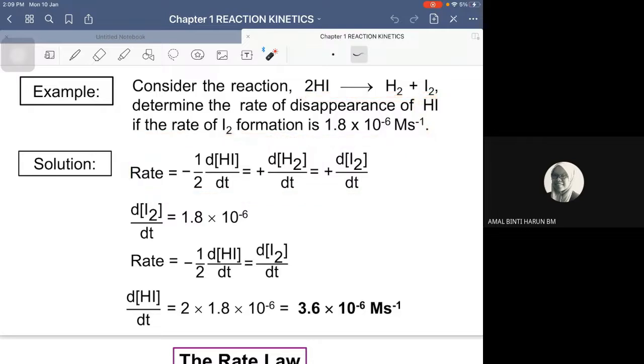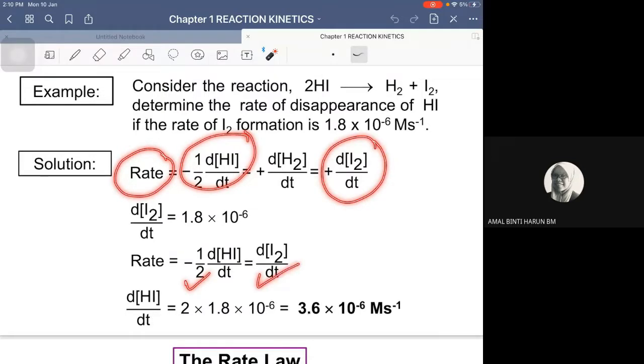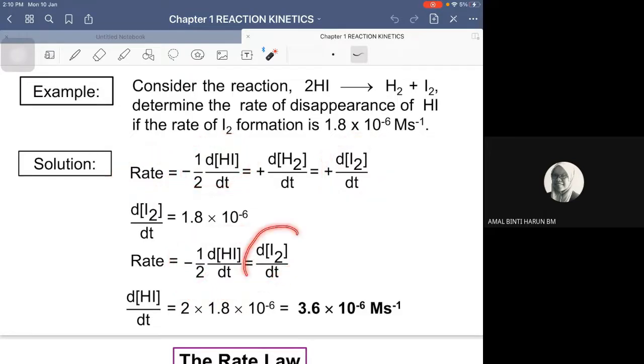Okay, kemudian lihat apa yang diberi given the rate for the formation of iodine. So apa hubungan iodine yang diberi dengan yang kita nak cari ni? So it is the rate equal to negative this one equal to this one. Okay, equal to the decreasing or disappearance of HI equal to appearance of iodine.